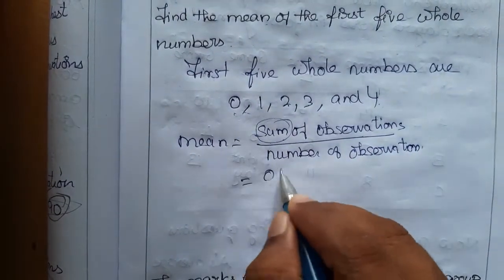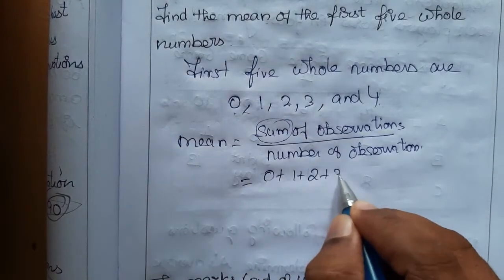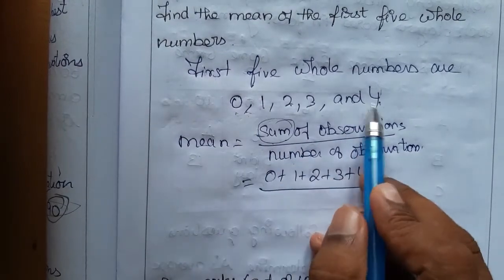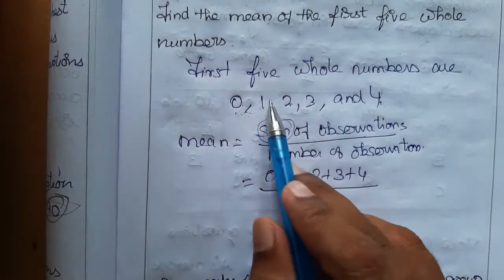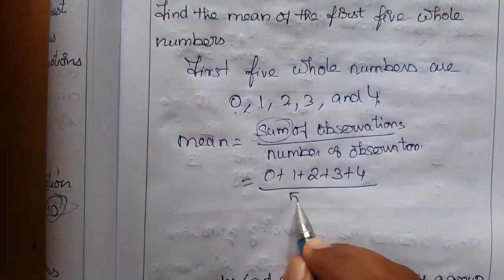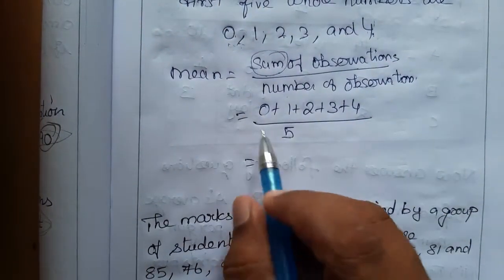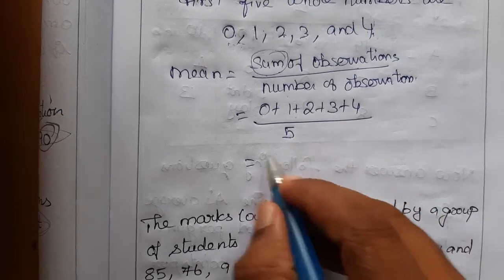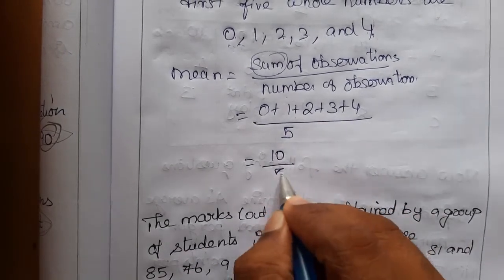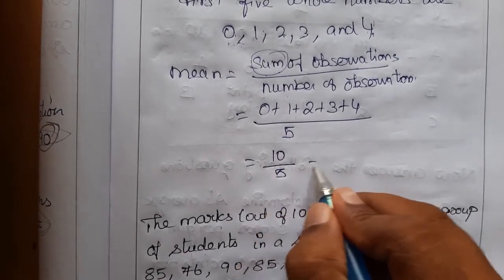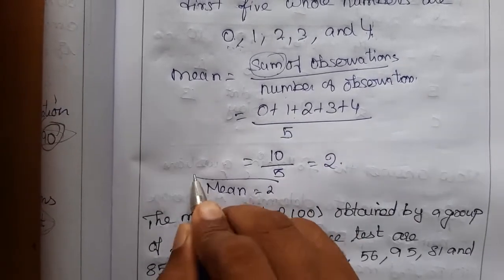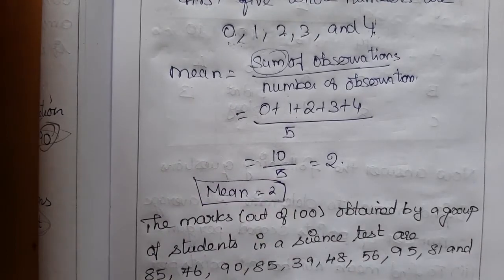So 0 plus 1 plus 2 plus 3 plus 4, divided by the number of observations. How many observations are here? How many whole numbers are here? 1, 2, 3, 4, 5. So divided by 5. Clear? So 0 plus 1 plus 2 plus 3 plus 4, the value is 10, right? 10 divided by 5, we get the answer 2. Then the mean is equal to 2. Clear, children?